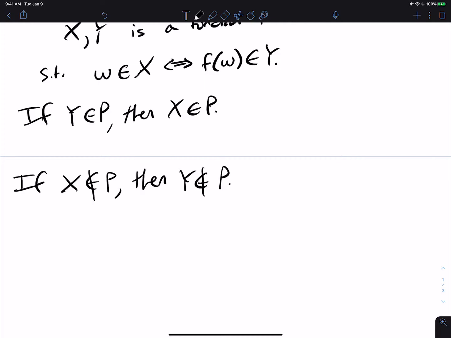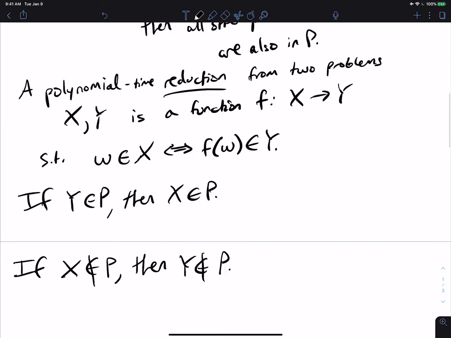And what are we going to say here? Well, we're going to write this in a special way, and I'm going to put it in different colors because it's important. We're going to write this as X less than or equal to with a subscript p, and then Y. So this says that X polynomially reduces to Y. And I'm not sure why they use less than or equal to here.